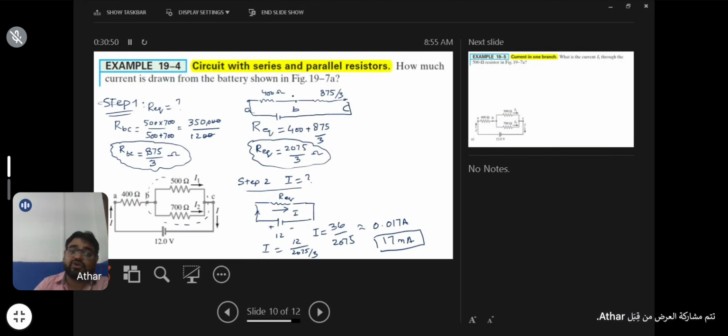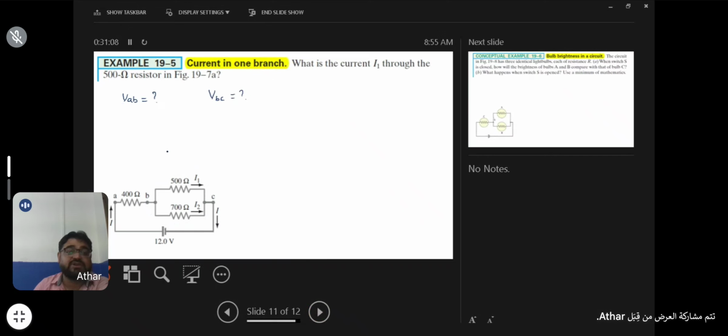VAB is across 400 and VBC is across 875 over 3. Why? Because in the parallel circuit we combine into 875 over 3. In the above figure you can see 875 over 3 ohm, this one.